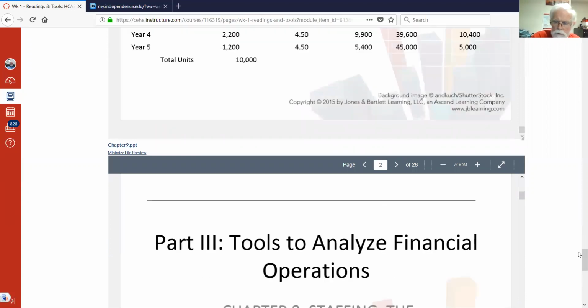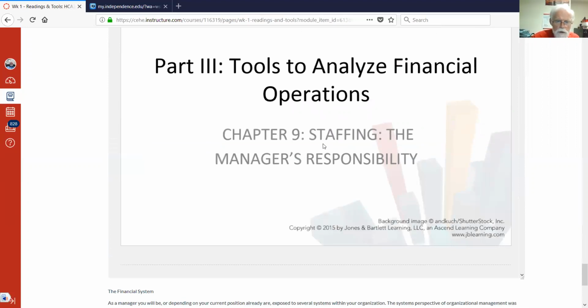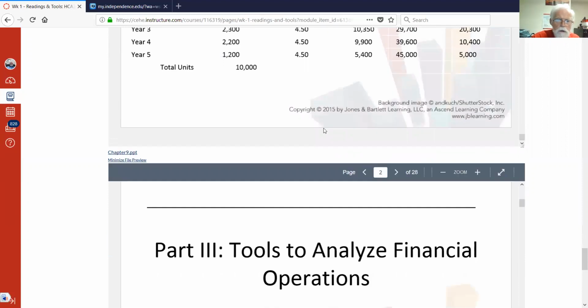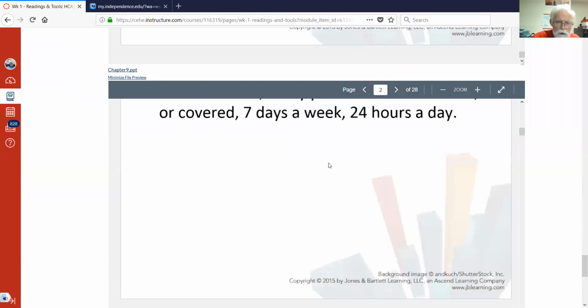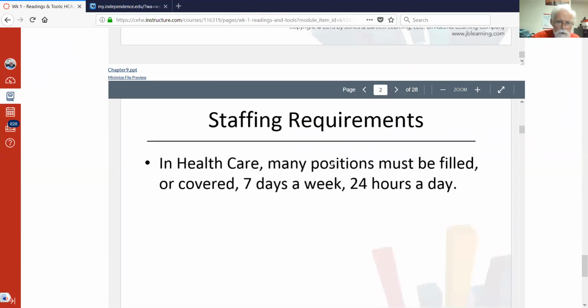All right, and then we have tools. Staffing is the responsibility of the manager. We have staffing requirements, so we need to understand what our staffing requirements are. You have to have people on site sufficient to fulfill all needs.